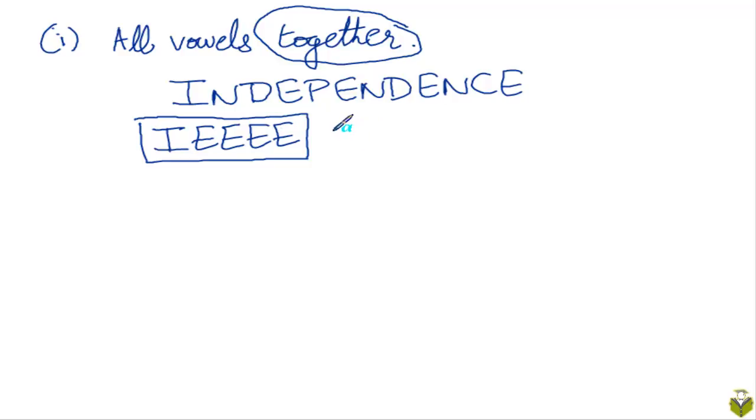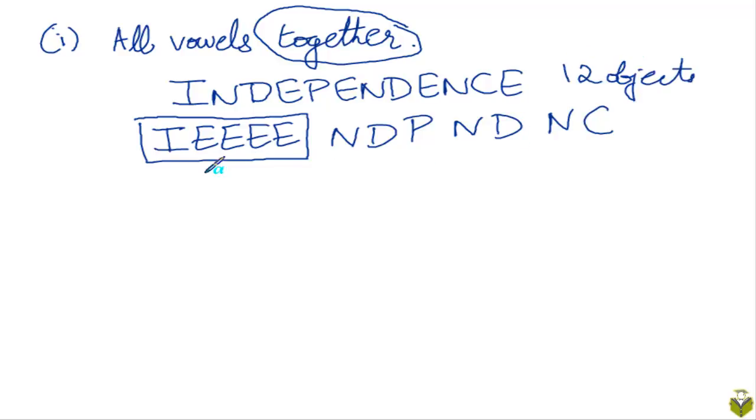And apart from that, we have N, D, P, N, D, N, C, right? So we have 12 objects and 5 of them are vowels, and the remaining are 7 objects.